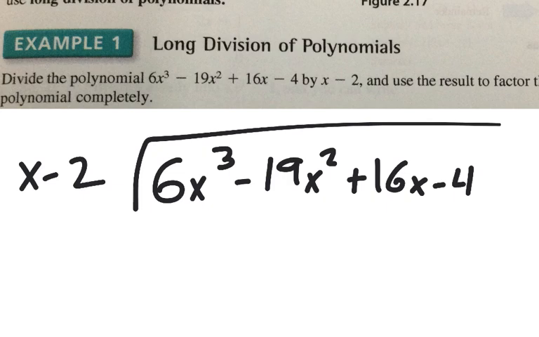So just quick review. Let's remember how division works. So if I had to do 257 divided by 4. Can 4 go into 2? No. Can 4 go into 25? Yes. How many times? 6. 6 times 4 is 24.